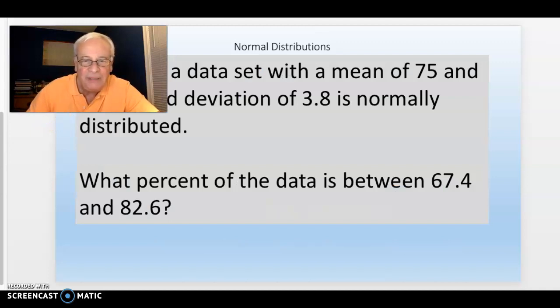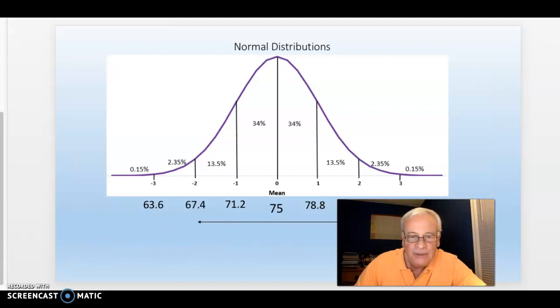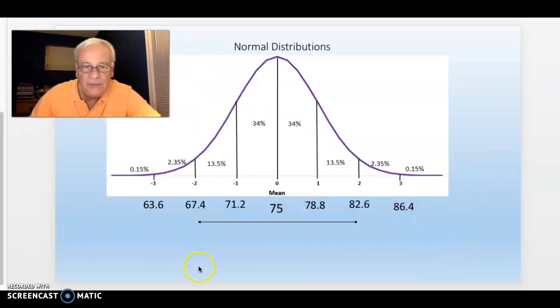There's another question that might be like this. What percent of the data lies between 67.4 and 82.6? Let's look back at our diagram there. 67.4 is right here. 82.6 is right here.